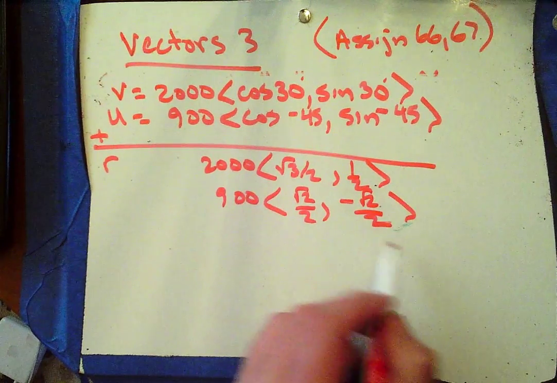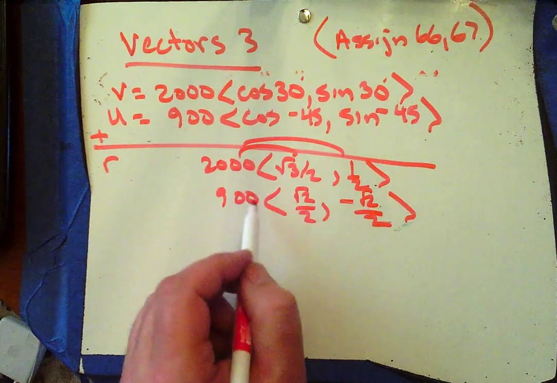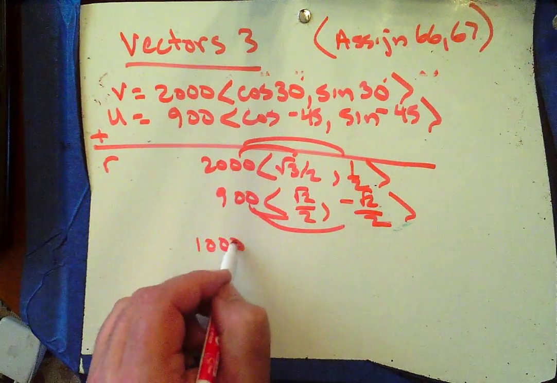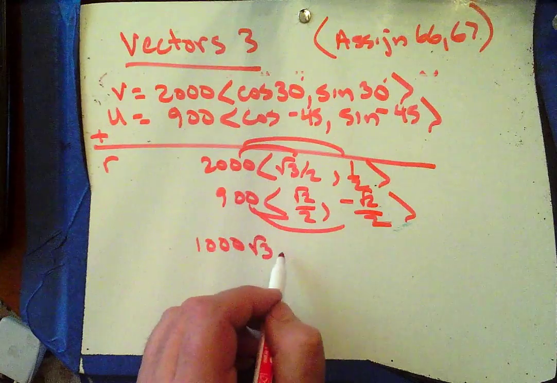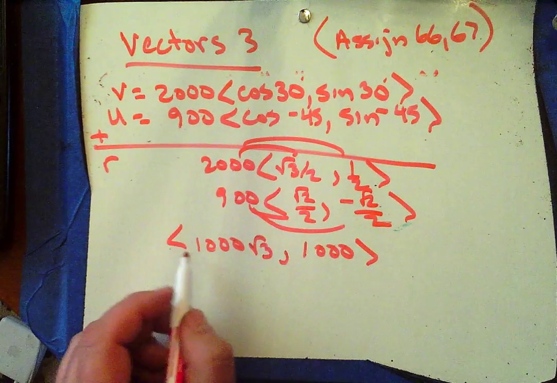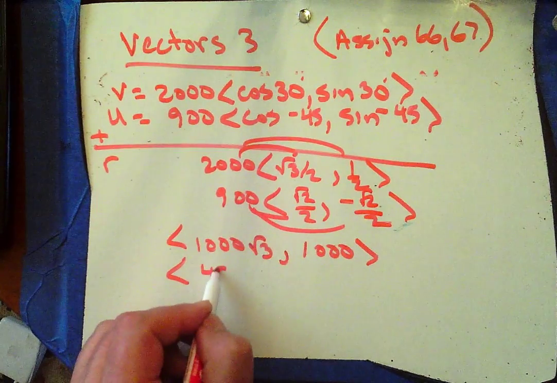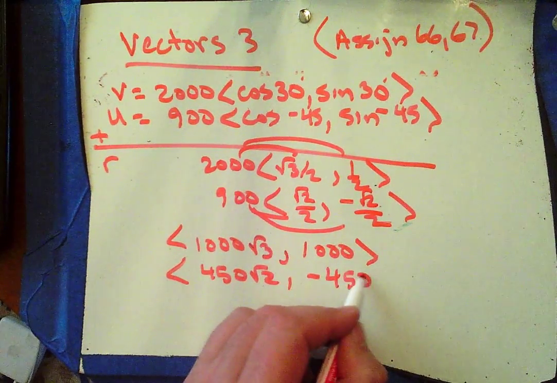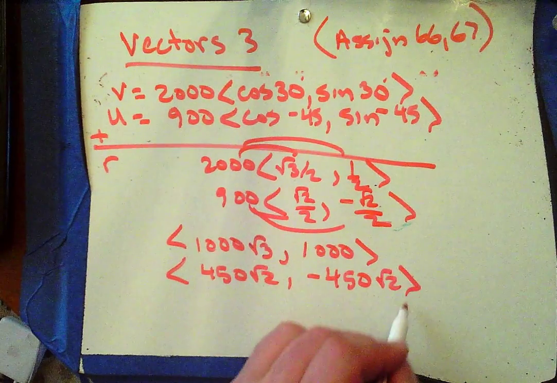Okay, and then distribute. So we end up with 1,000 root 3, comma 1,000, and 450 root 2, comma negative 450 root 2.